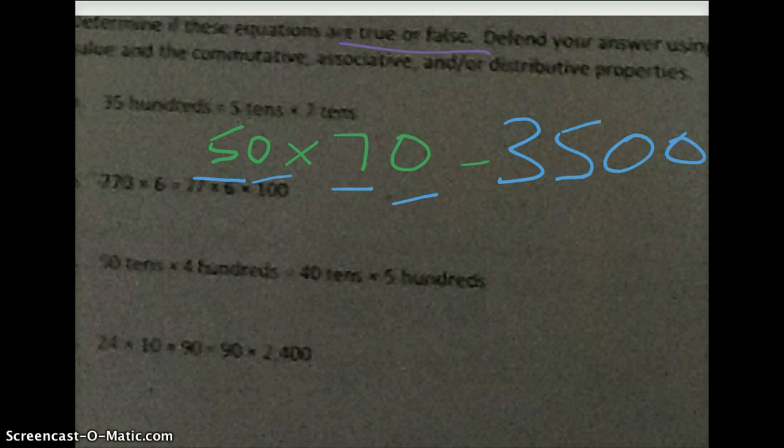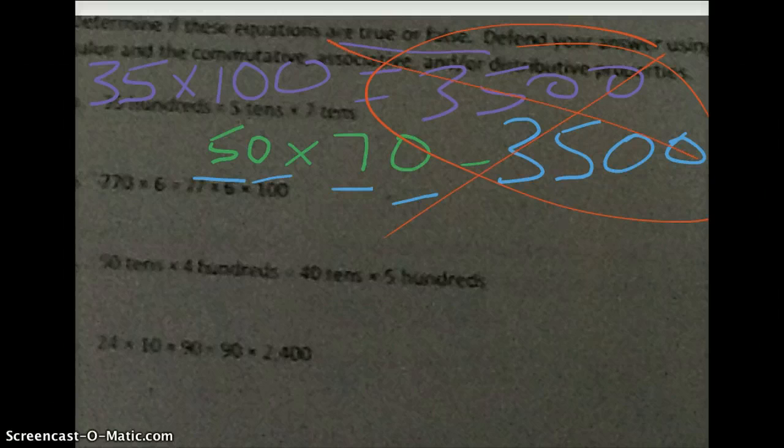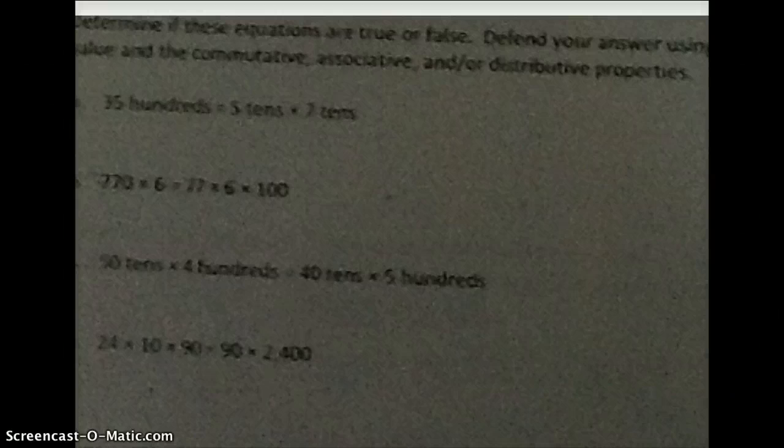Is 35 hundredths the same as 3,500? Well, how are you going to figure that out? You're going to take 35 times 100 to get 3,500. Is that answer true or false? It's true if those two numbers are the same. It's false if those two numbers aren't the same. I want you to do the rest and decide if it's true or false.